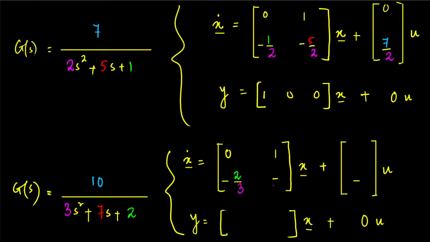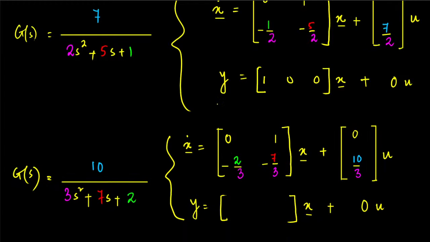I would have a 0 here. I'm just matching the pattern. So I am going to have a 10 here, and there is going to be a 7 here, of course with a minus sign. And the rest is going to be not 1 0 0. Did I add 3 zeros?